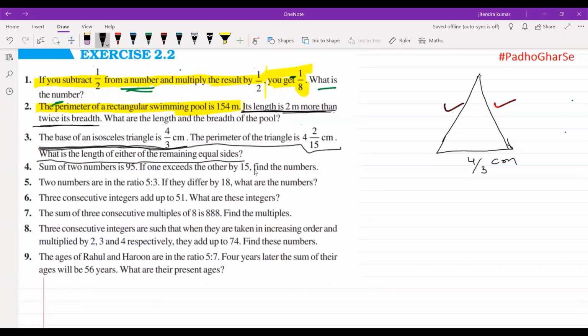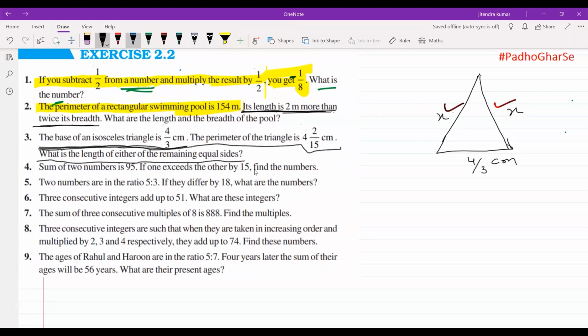These two equal sides are unknown. So we are going to consider this equal side as x, and as they are equal, both will be equal to x. So now we have all three sides.